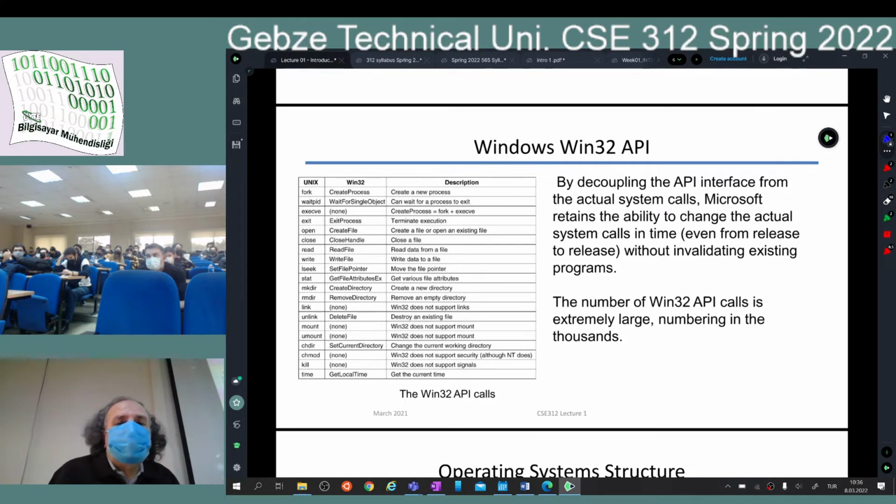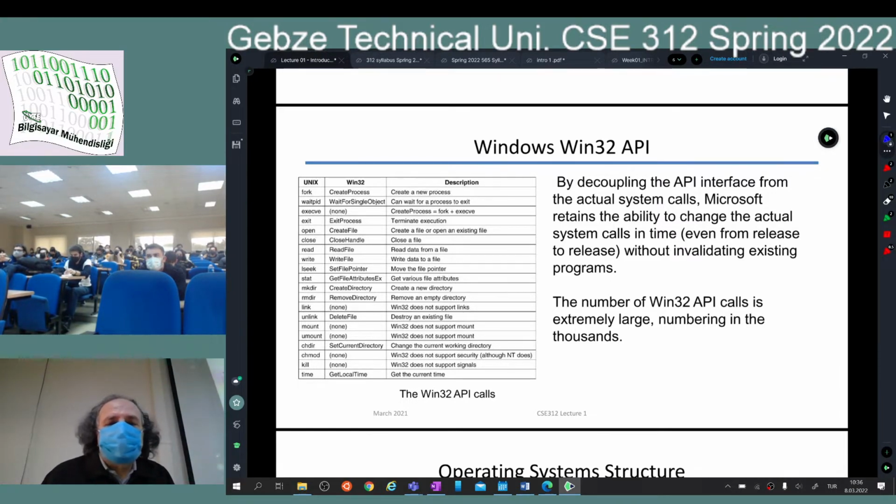But most of the time, whatever call you make might be a kernel call, a trap to the kernel and context switch, etc. So Windows says, okay, I'm going to define these procedure calls. They may not necessarily be exactly system calls.